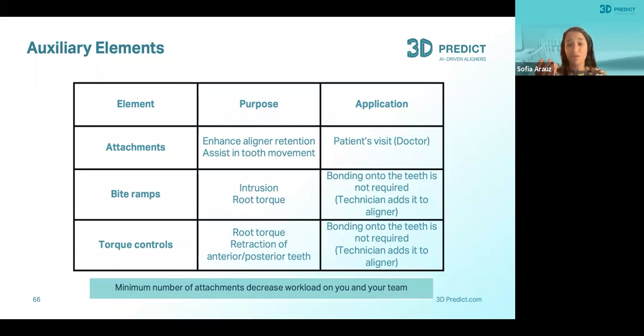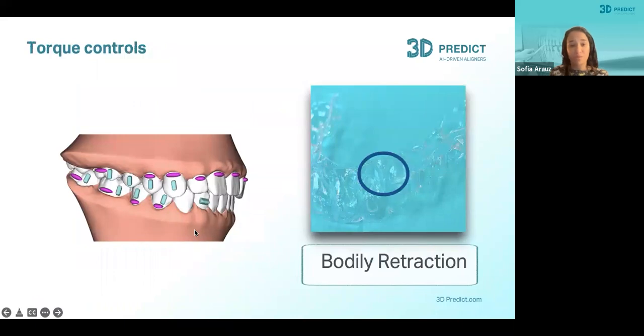And we have defined that really more than 2 or 3 shapes are not needed, but we're gonna be talking about that in a little bit. Now, torque controls, like I said, you can see here, they look like small indentations at the top of an aligner that put pressure on the neck of the teeth.